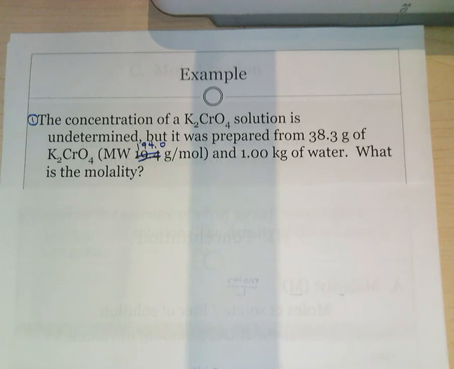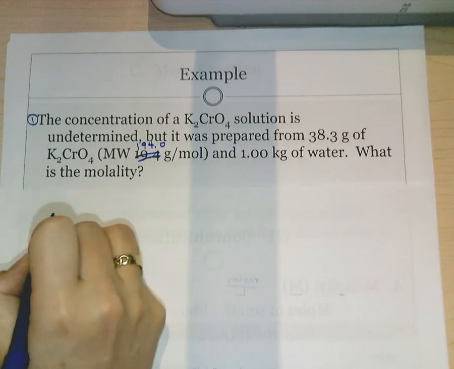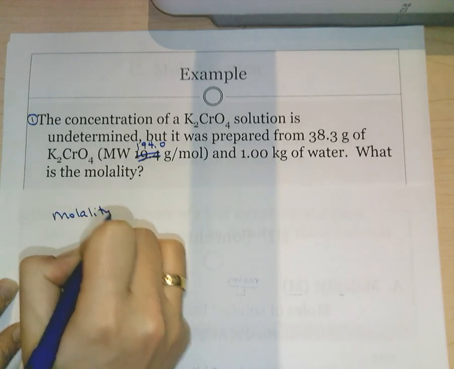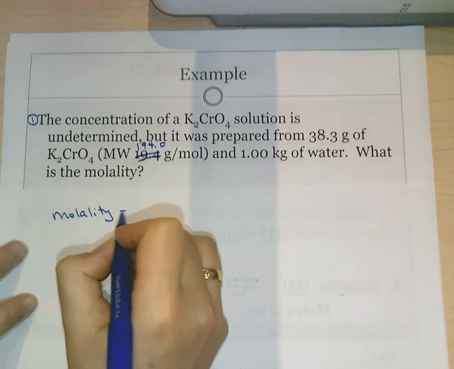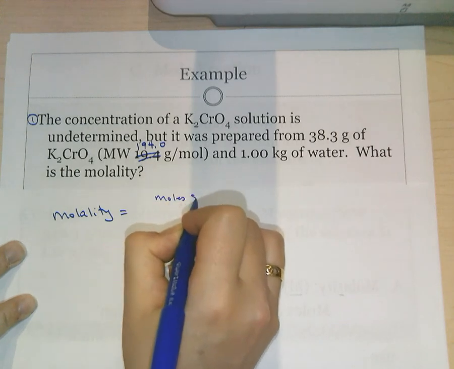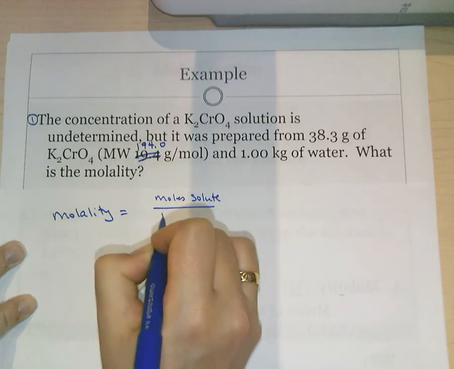I don't know why I would know that and not know the molality, but just live in my imaginary example world. So how would I go about figuring out the molality, which again is moles of solute per kilogram of solvent?